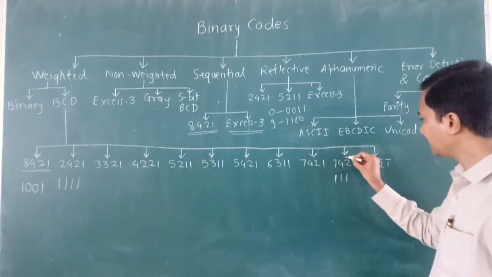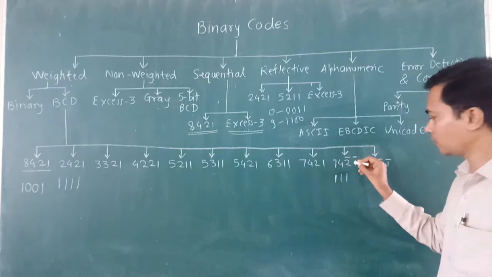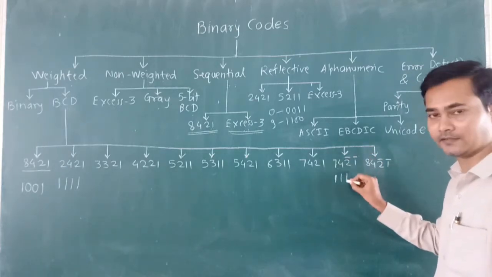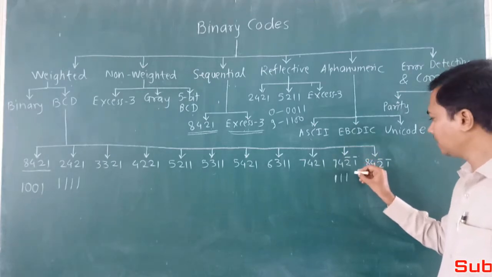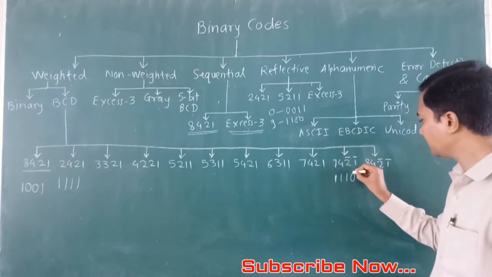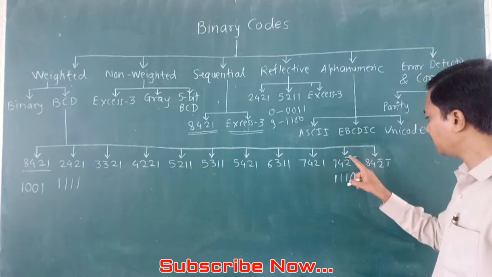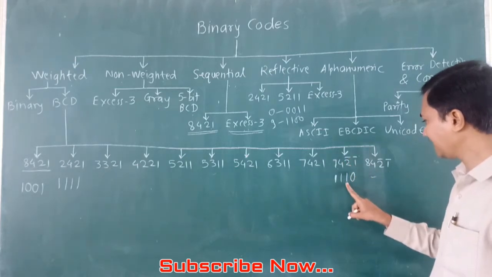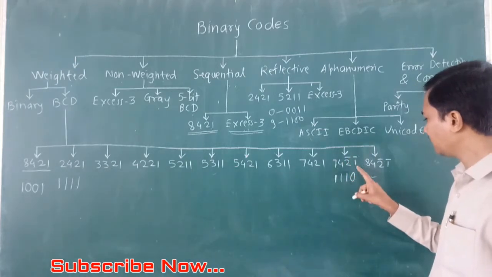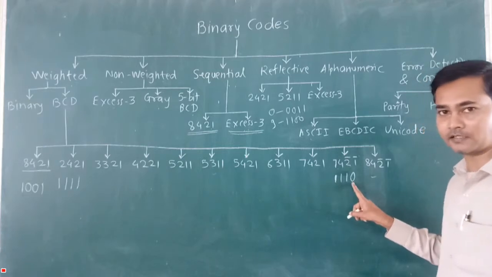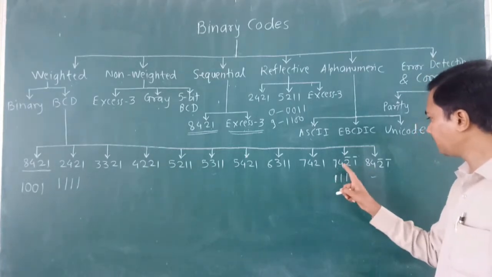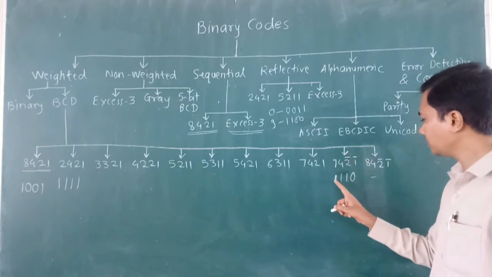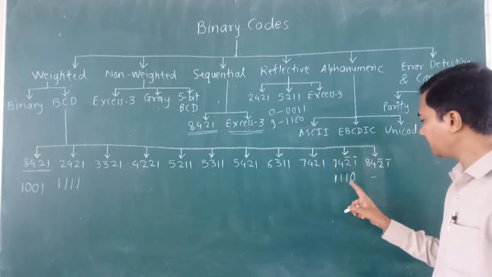So this bar is nothing but the minus sign. Minus 2 gives 9. We don't want to subtract 1, so we get 0 there, and 0 doesn't affect the value. So 7 plus 4 minus 2 is 9. To represent value 9 using 74 2 bar 1 bar code, we have obtained 1110.